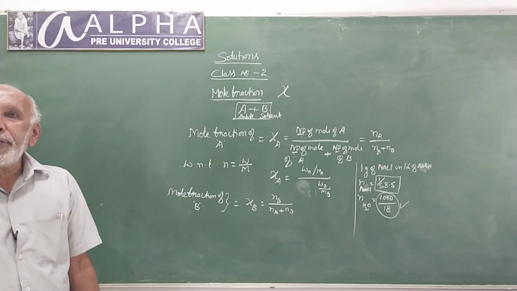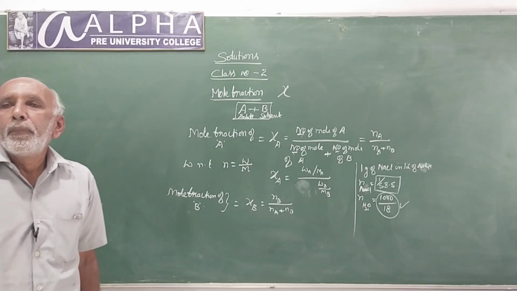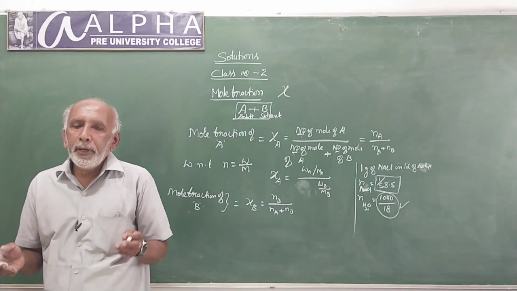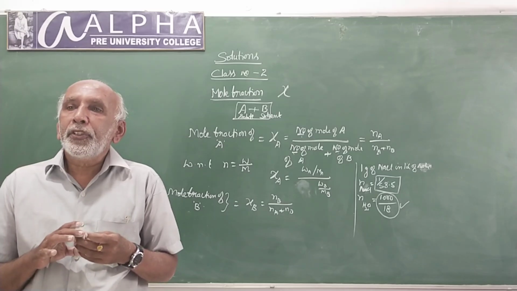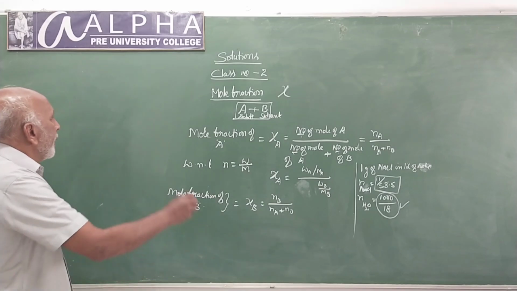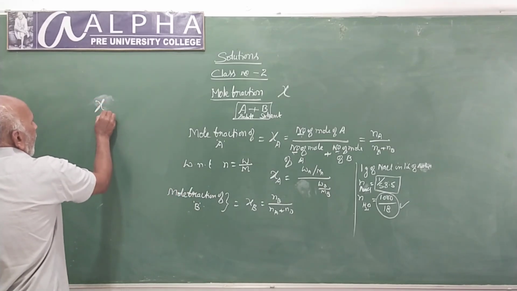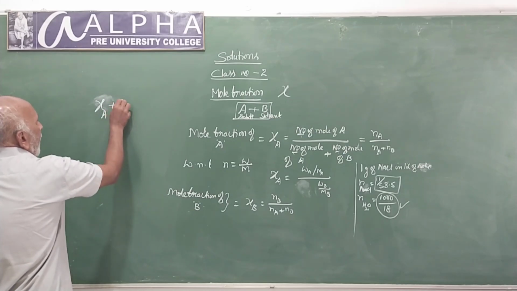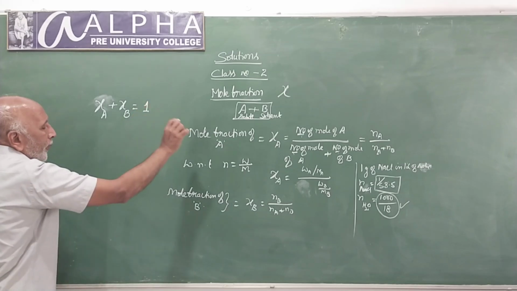Next, another important thing: the sum of mole fractions of all the constituents or components of a solution is simply equal to 1. Mole fraction of constituent A plus mole fraction of constituent B is equal to 1.